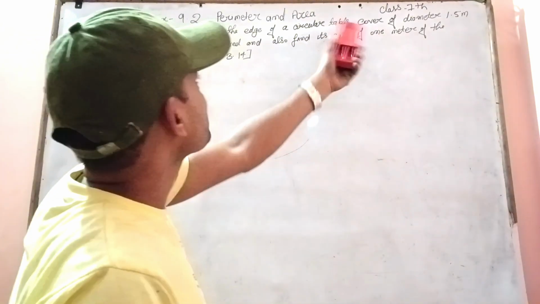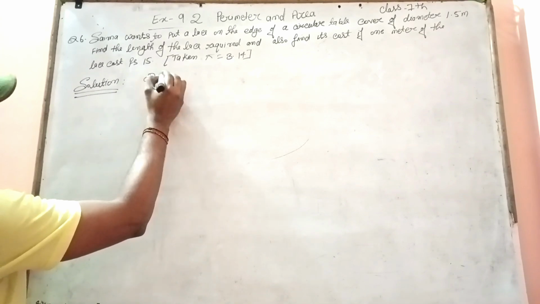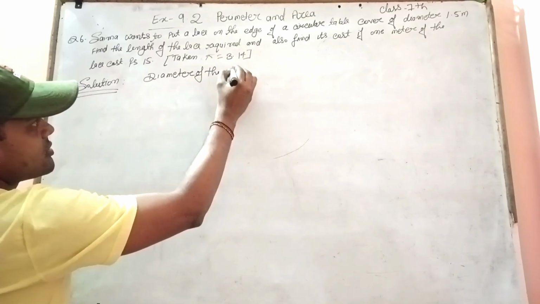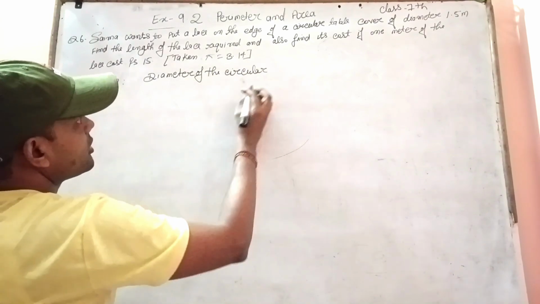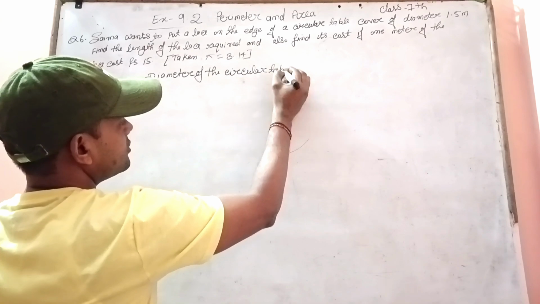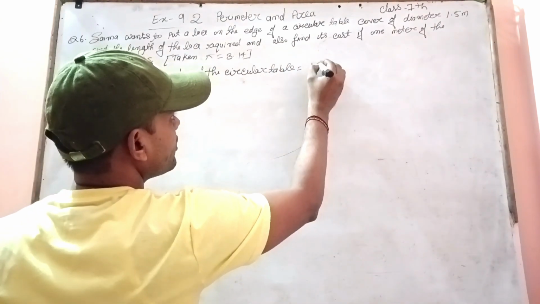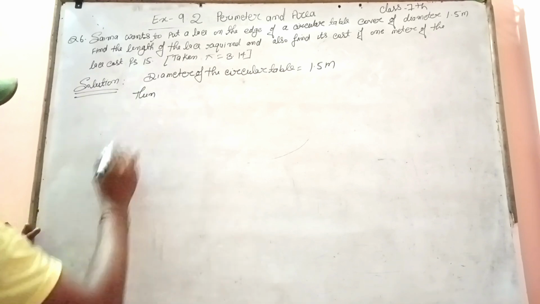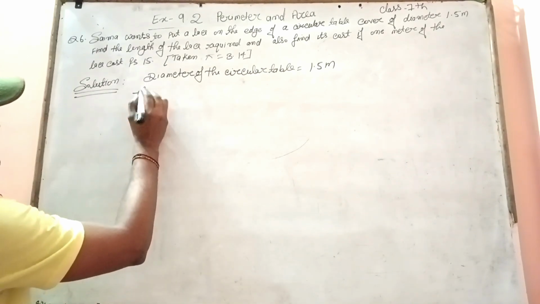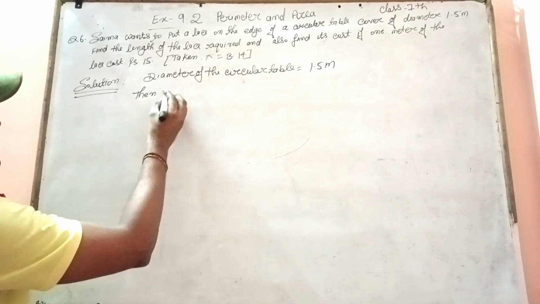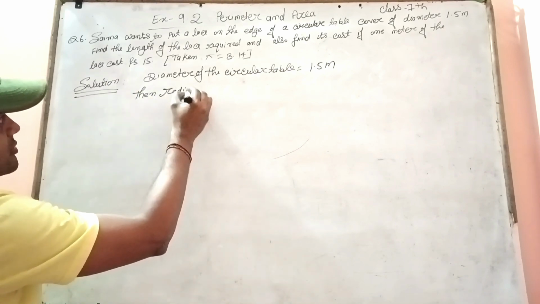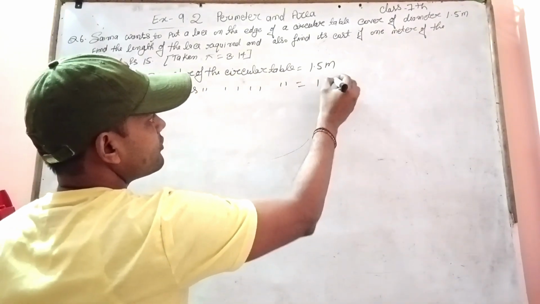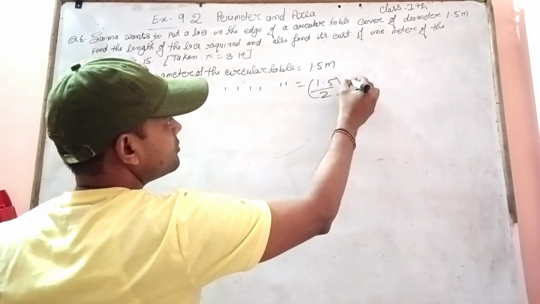Diameter of the circular table is equal to 1.5 meter. Then radius of the circular table is equal to 1.5 by 2 meter.